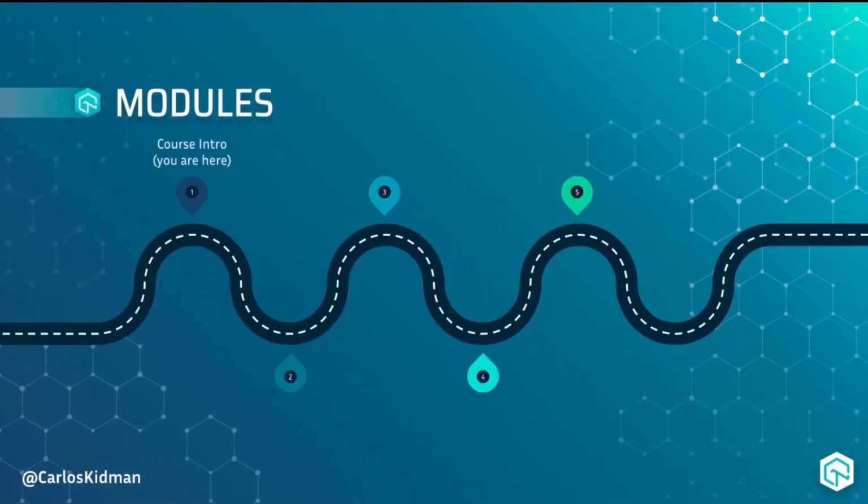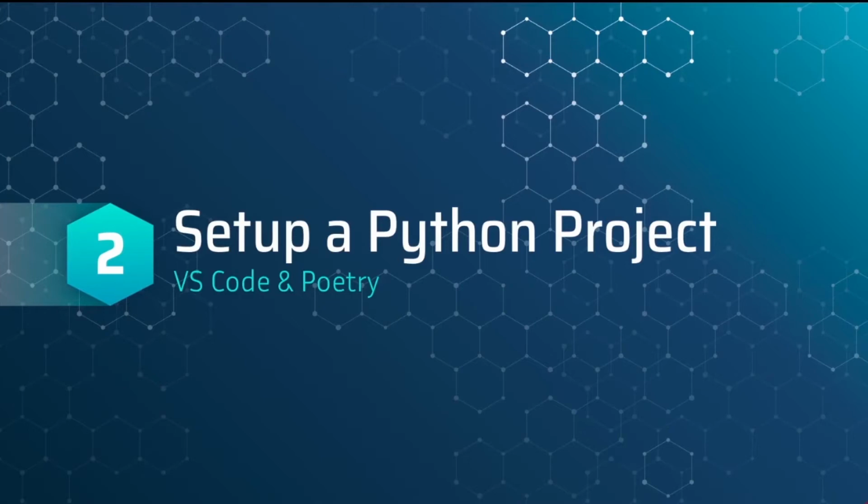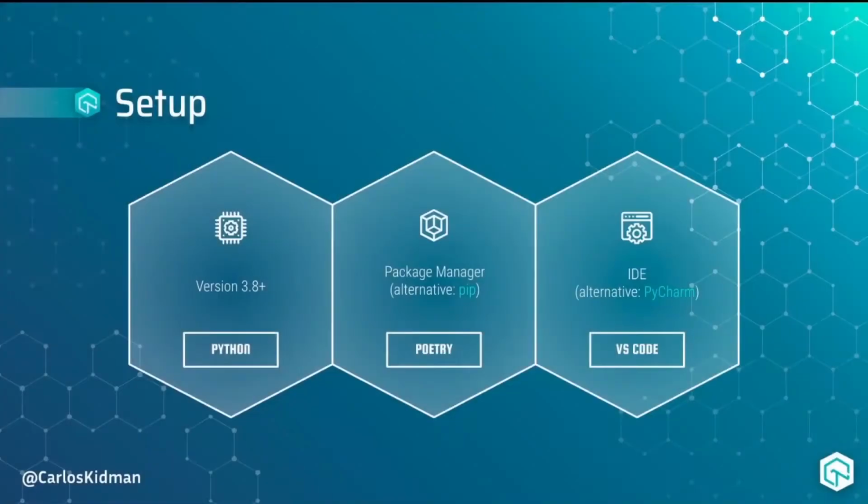Now that we know more about Lambda Test, it's time to set up our machine and project for Python development. I'll share a simplified version of my setup so you can follow along with me in the course. The main setup consists of Python version 3.8 or higher, Poetry, which is a package manager that I use instead of pip, and VS Code.